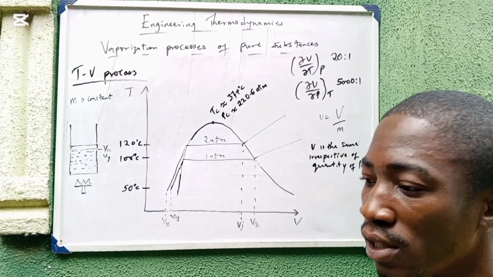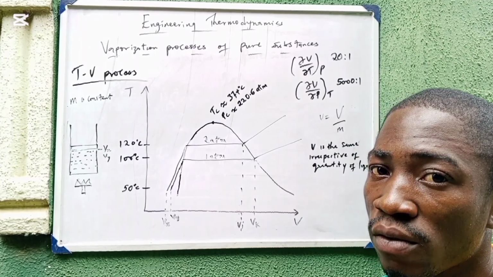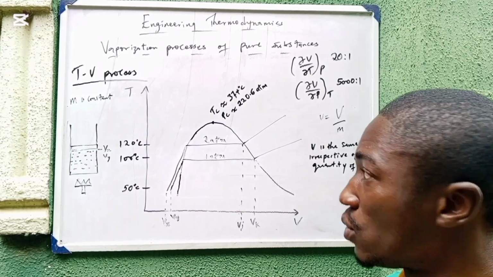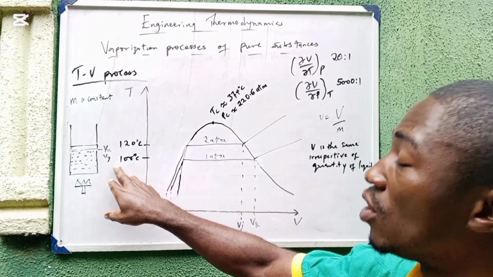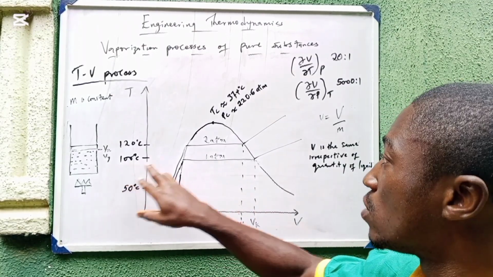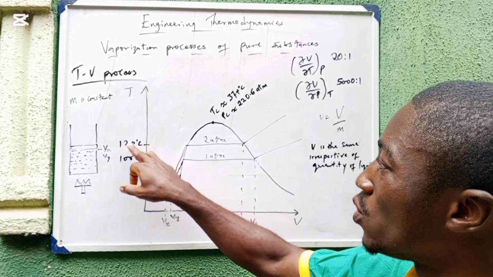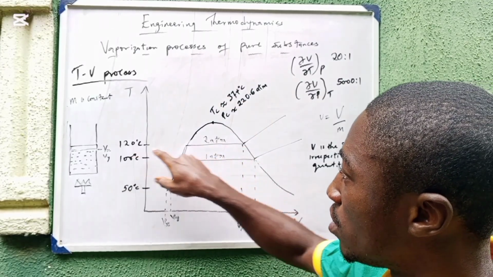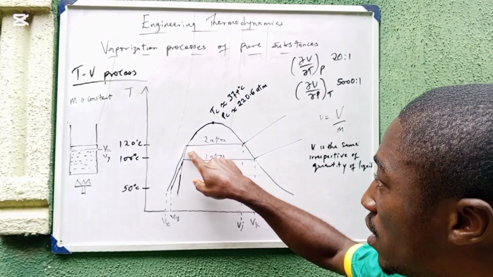Increase. You don't expect the same boiling point for different pressure. So once you fix your pressure, that is what determines the boiling point. So when we had 1 atm, our boiling point was 100 degrees Celsius. But when we had 2 atm, our boiling point increased to 120 degrees Celsius. So at 120 degrees Celsius, water begins to boil. So it has reached saturation.